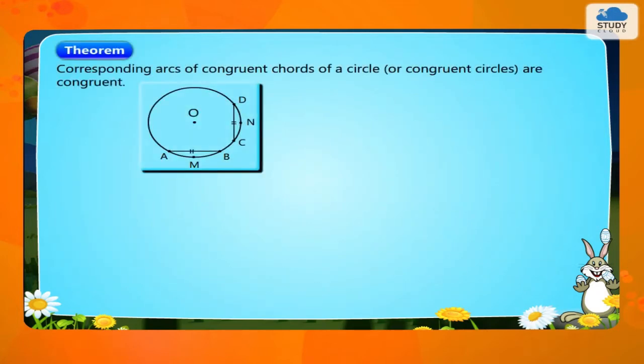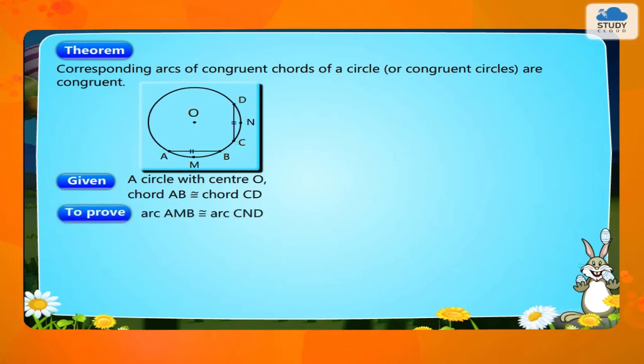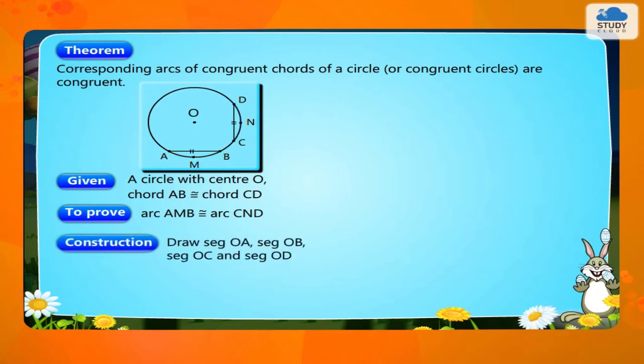Theorem. Corresponding arcs of congruent chords of a circle or congruent circles are congruent. Given a circle with center O, chord AB is congruent to chord CD. To prove arc AMB is congruent to arc CND. Construction.